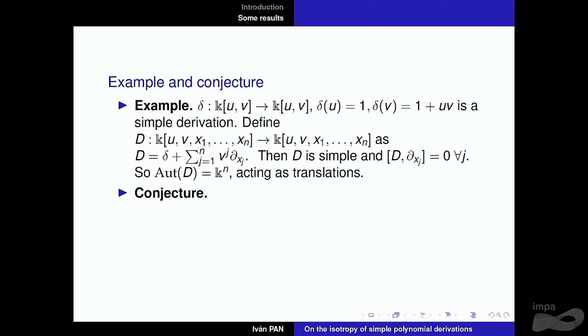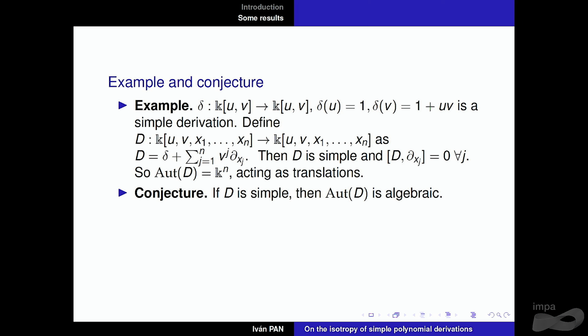Then we have a new conjecture, which is the following. If D is simple, then the isotropy is algebraic in dimension 3 or higher, okay? Because in dimension 2, we know that this is trivial.